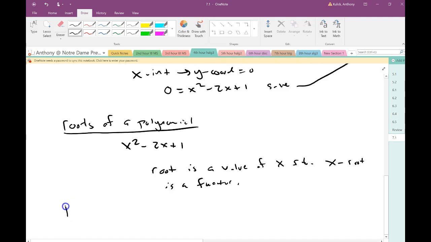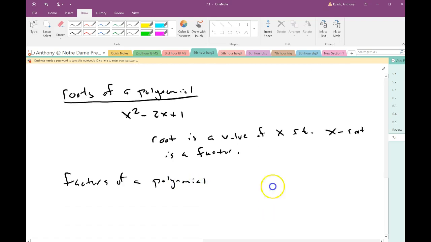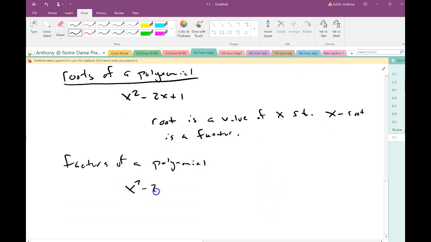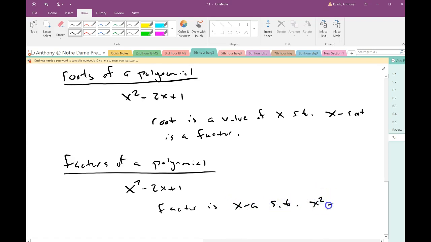And we've talked about factors. So a factor of this polynomial is some other polynomial such that when I divide it, I get a 0 remainder.